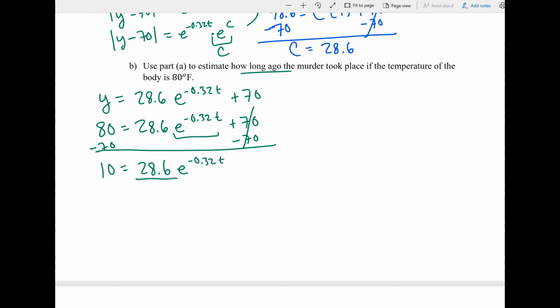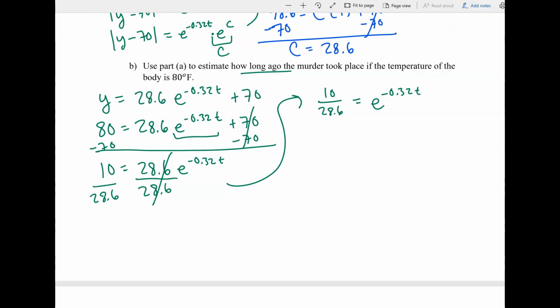Then let me go ahead and divide by 28.6. This goes away. So I'm left with, I'm just going to leave it as is, 10 over 28.6, that way I won't lose a lot of decimals. Okay, so I'm left with e to the negative 0.32 t.